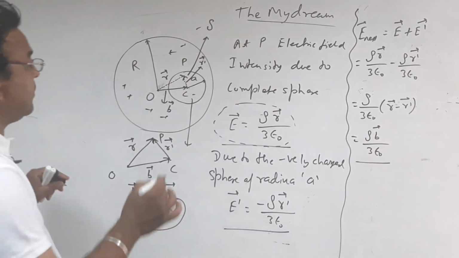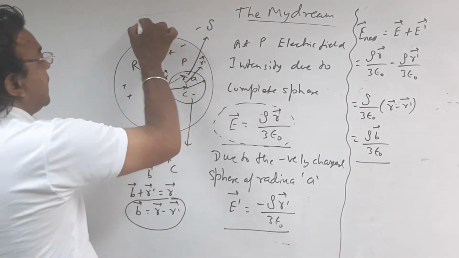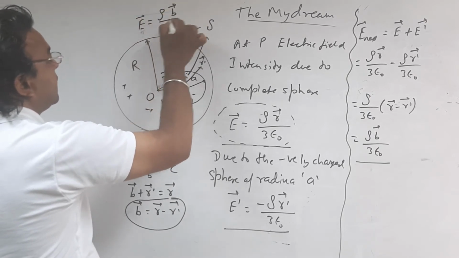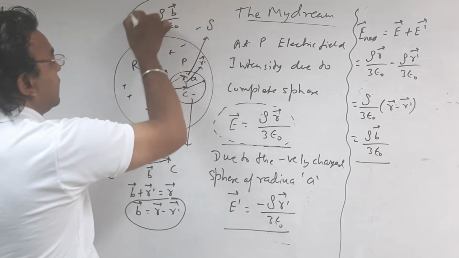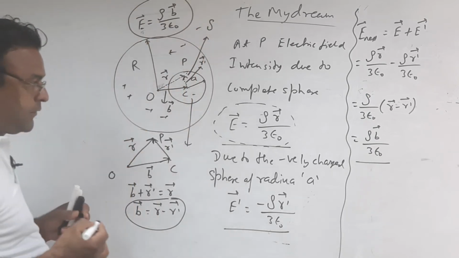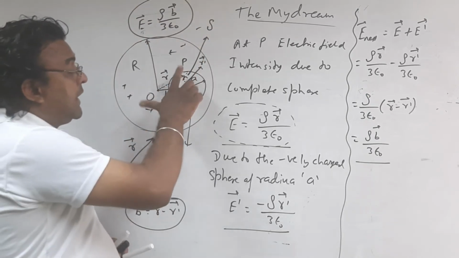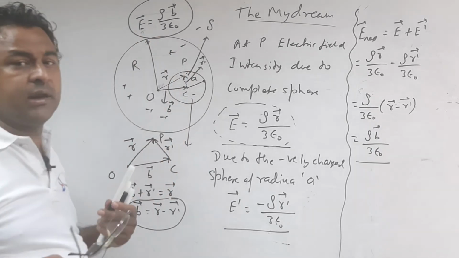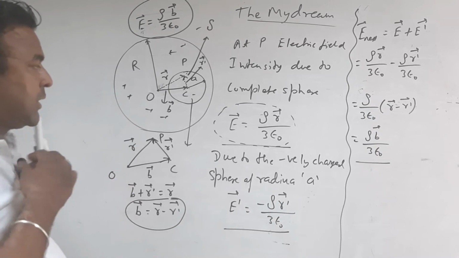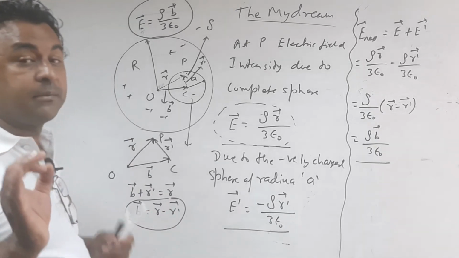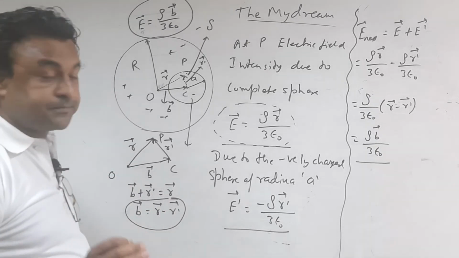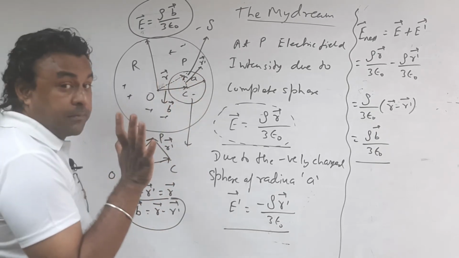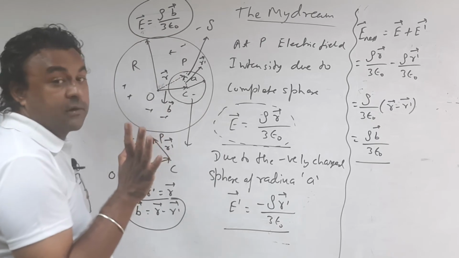Now this is the formula for the point P. Electric field intensity is rho B vector upon 3 epsilon naught. It's a wonderful result. I have chosen point P anywhere. I didn't mention it specifically at radius a by 2 or a by 4, something like that, but I'm getting a specific result. That means I chose point P randomly and I'm getting a constant result.